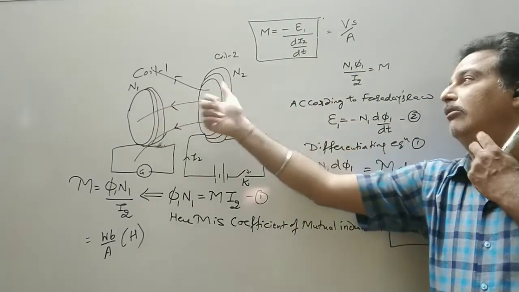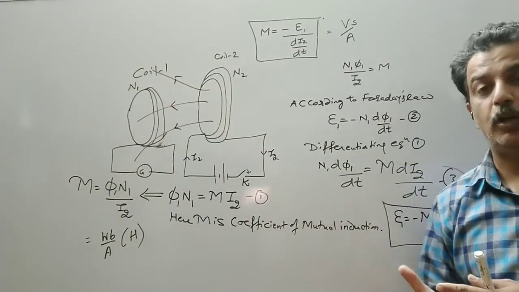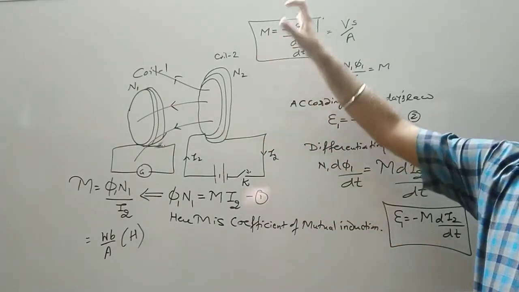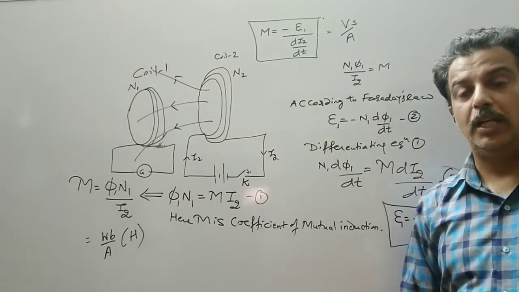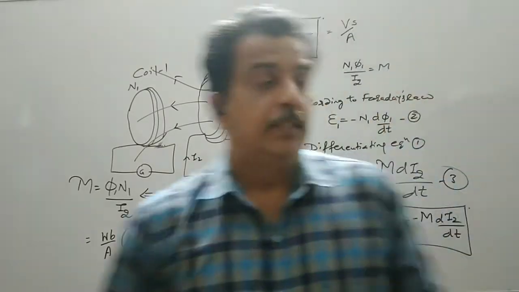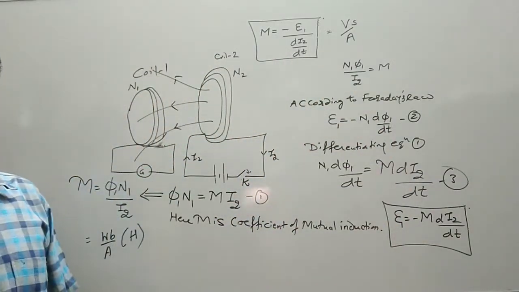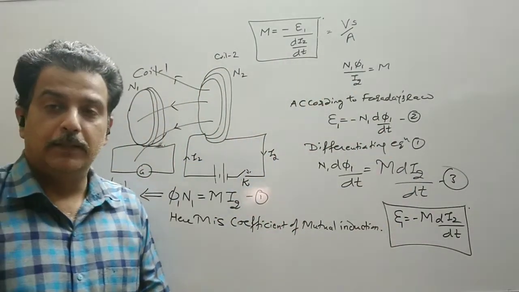We call it coil 1, and we call coil 2 the other coil. So mutual inductance is also defined as the ratio of the EMF induced in one coil of the system of two coils to the time rate of change of electric current in the other coil.